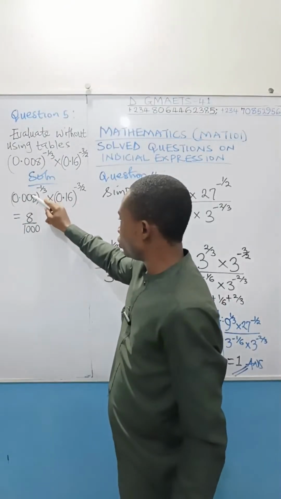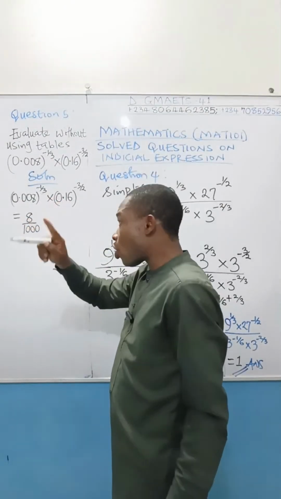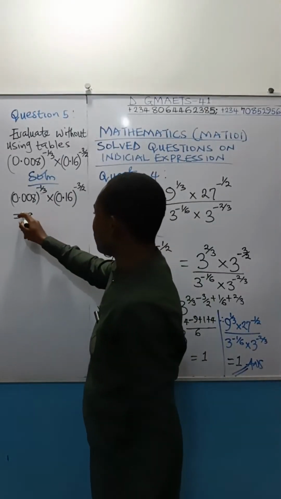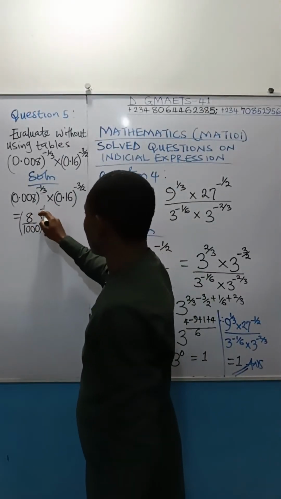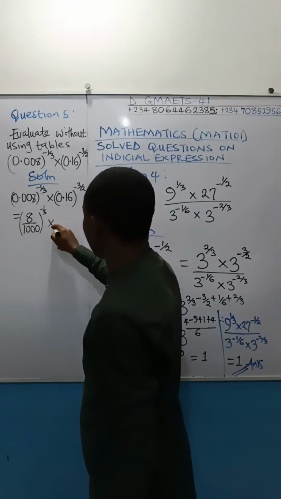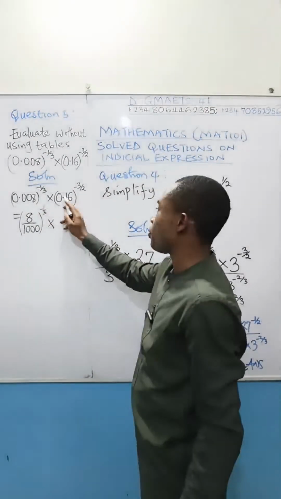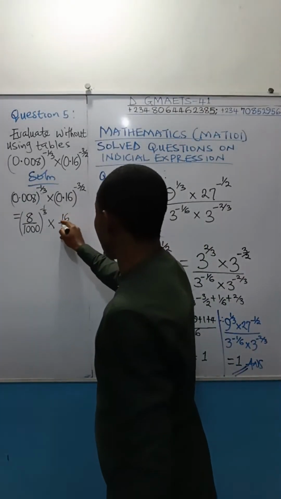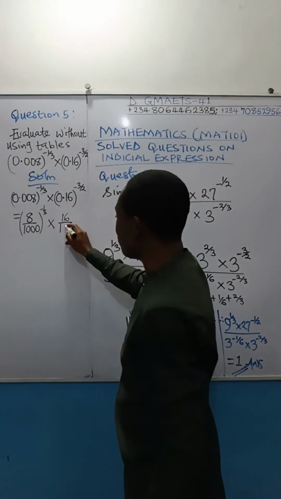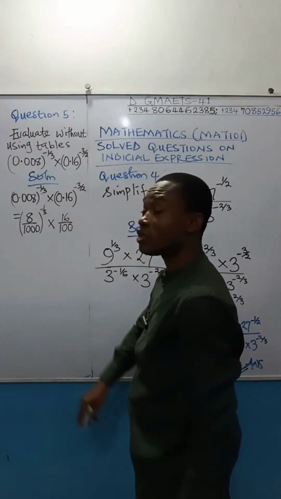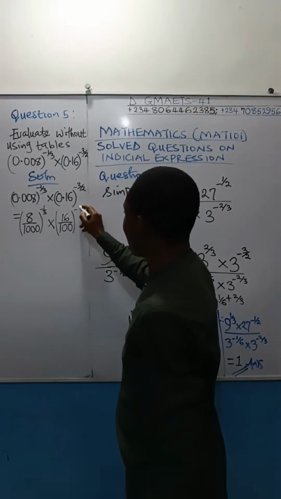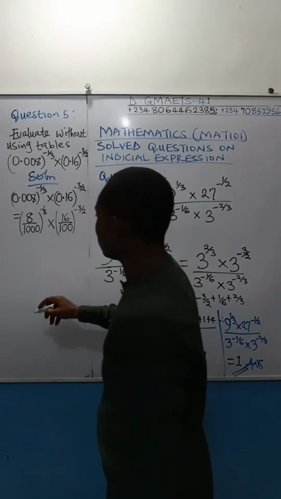Now, this is going to be raised to the power of minus 1 over 3. Then times, come over here and do the same thing. Move your point 1 and 2. You get 16 all over 100, since I moved the point 2 times. And then this is going to be in brackets, raised to minus 3 over 2.